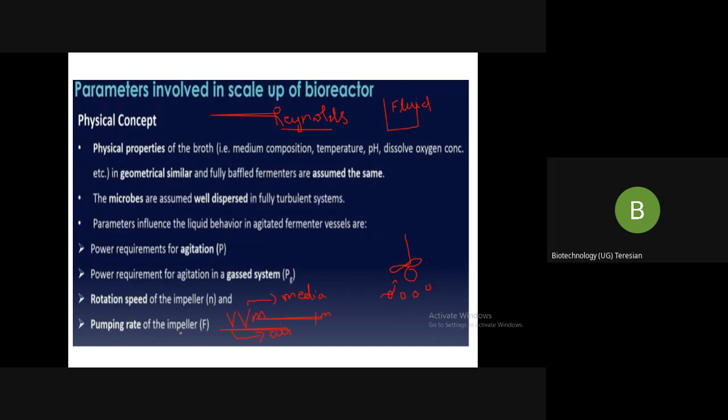The pumping rate of your impeller will vary depending on the different types of reactors and agitators, and therefore the Reynolds number is also different. Because your reactor is different, your impeller or agitator is different, the fluid flow characteristics will also be different, and that is known as the Reynolds number.